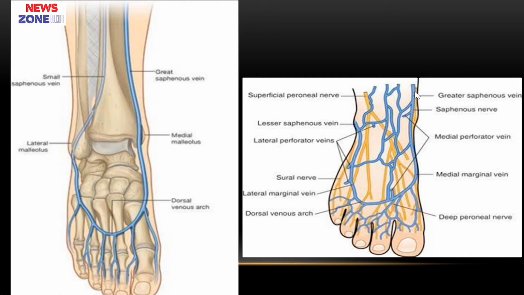And in this figure this is great saphenous vein, this is dorsal venous arch and it is lateral marginal vein and these are lateral perforating veins and this is lesser saphenous vein or small saphenous vein.